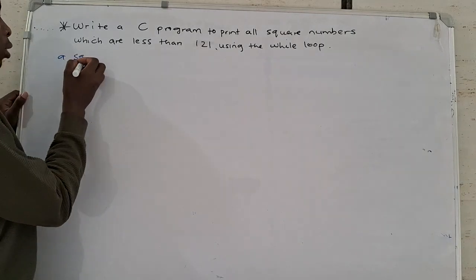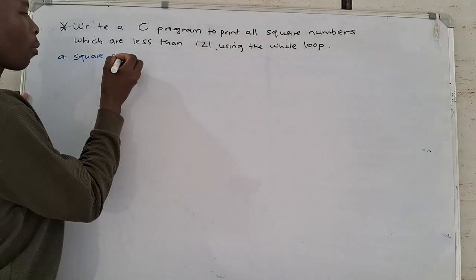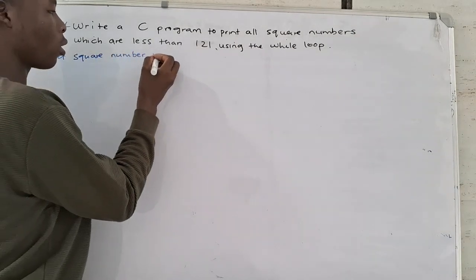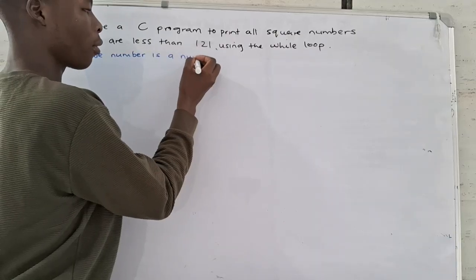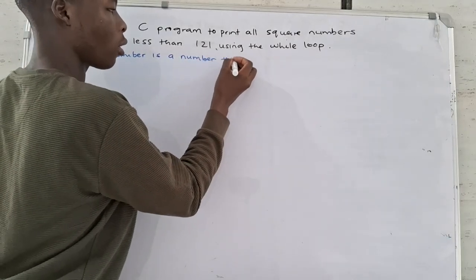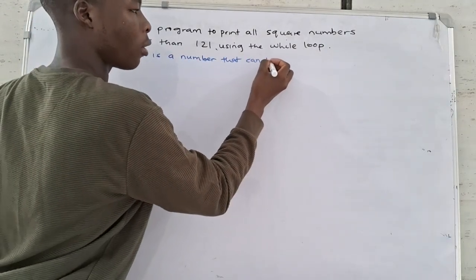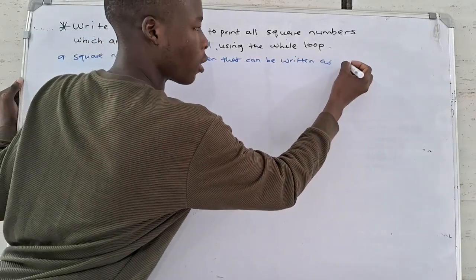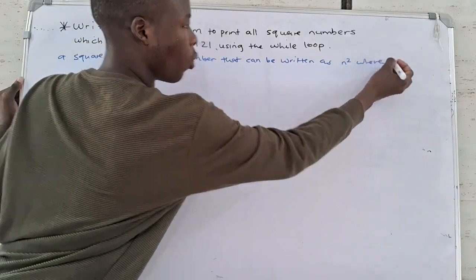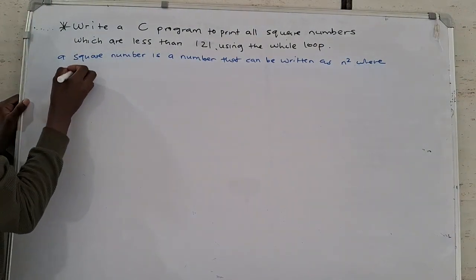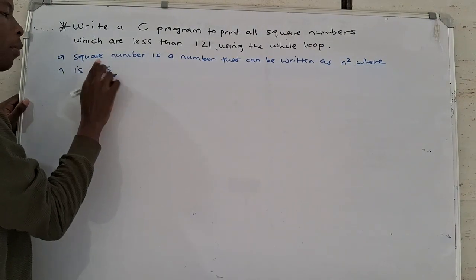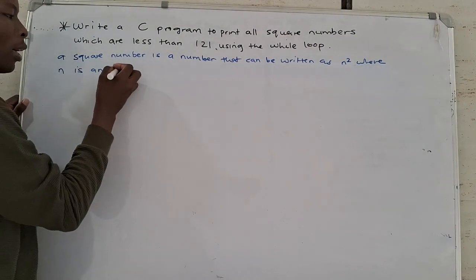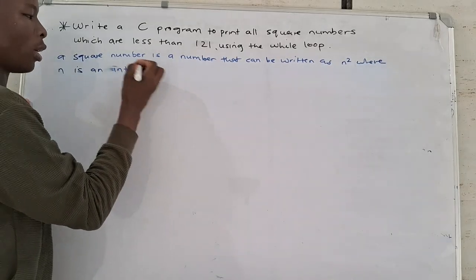A square number is a number that can be written as n squared, where n is an integer.